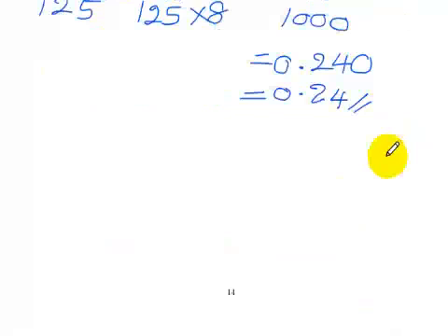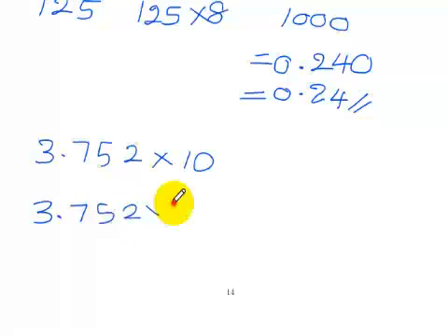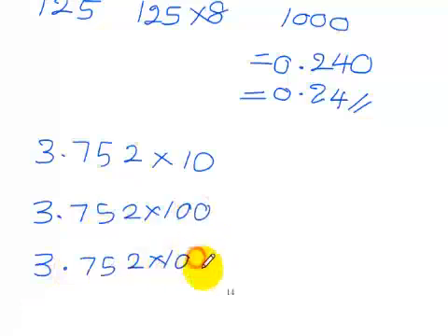In previous grades you learned how to multiply a decimal number by a power of 10. I will give some examples. For example, I'll write 3.752 times 10, 3.752 times 100, 3.752 times 1000.